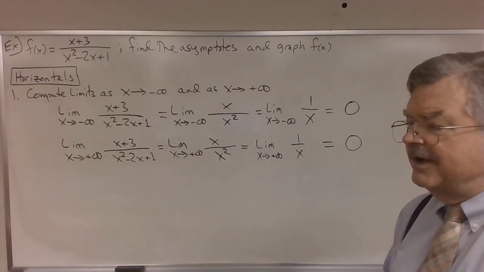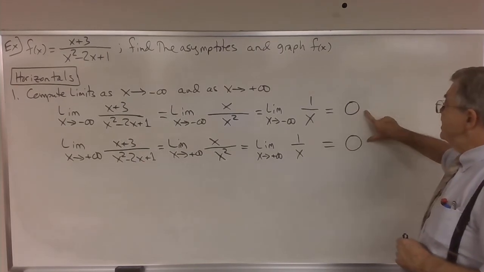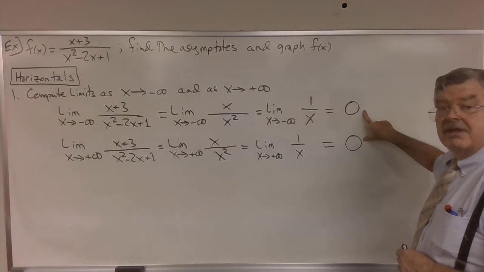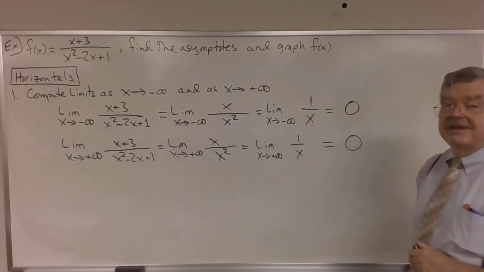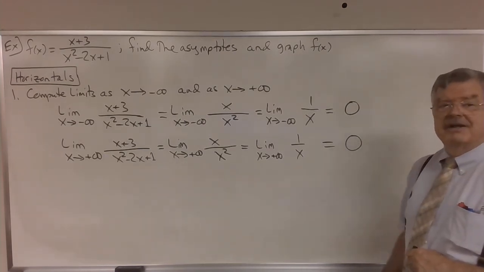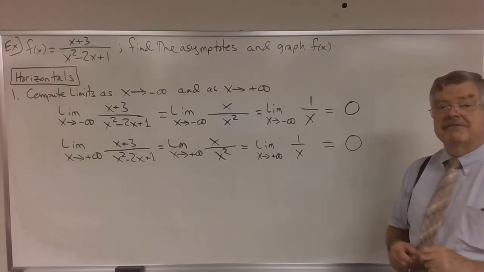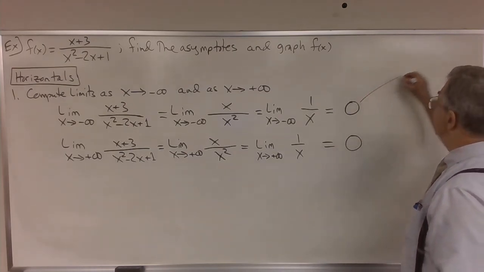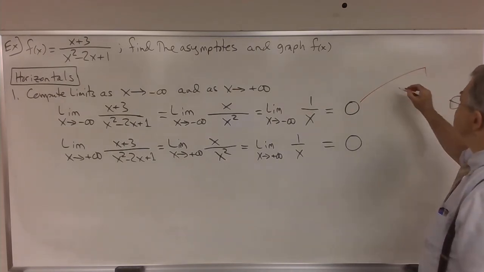The defining criteria was this, wasn't it? If the two limits turn out to be a finite constant, then y equal that finite constant is the horizontal asymptote. Is 0 a constant? It sure is. Just like 1 or 2 or -3, it's a finite constant. So we are in luck. We have a horizontal asymptote.